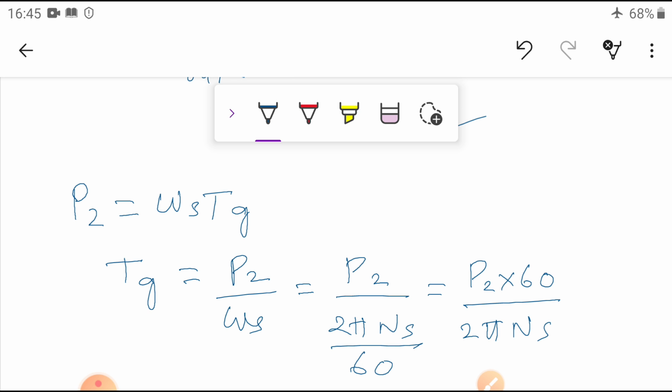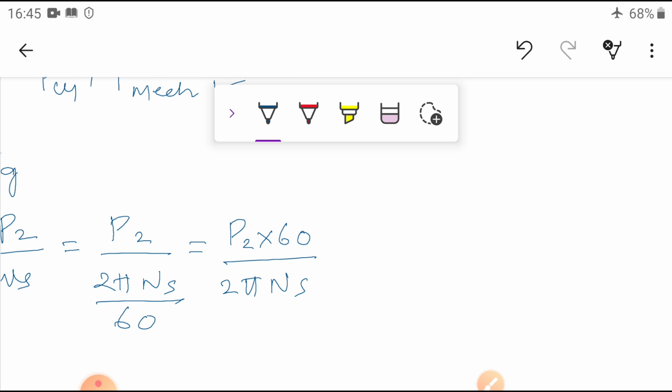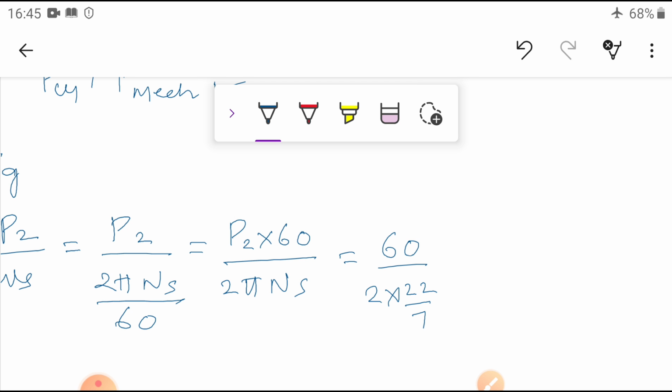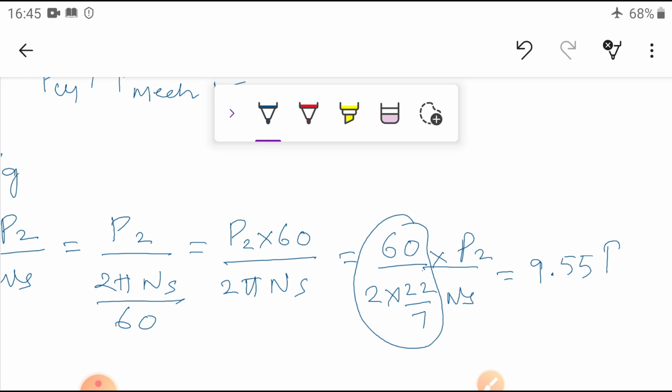Now 60 by 2 pi I can write as 60 by 2 into 22/7, divided by NS, into P2. So I am going to get the value, approximately 9.55, into P2 by NS.